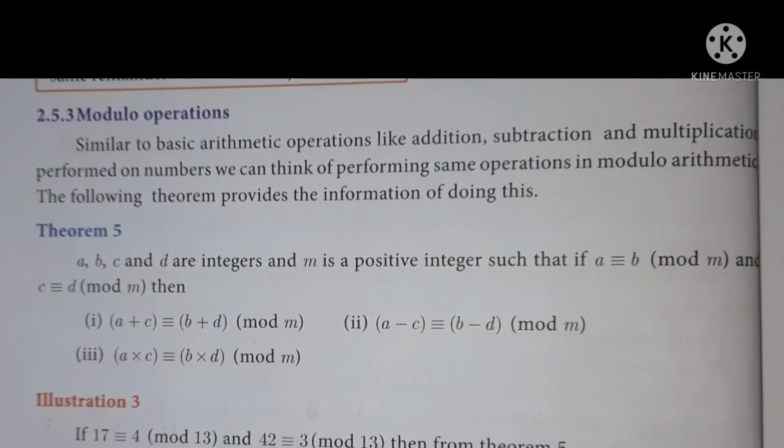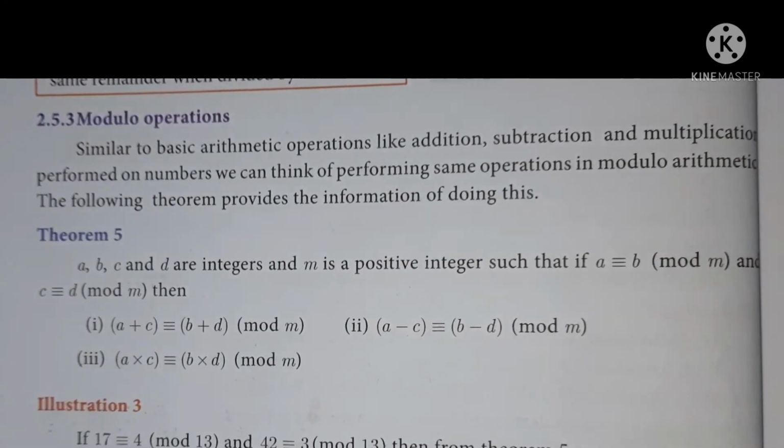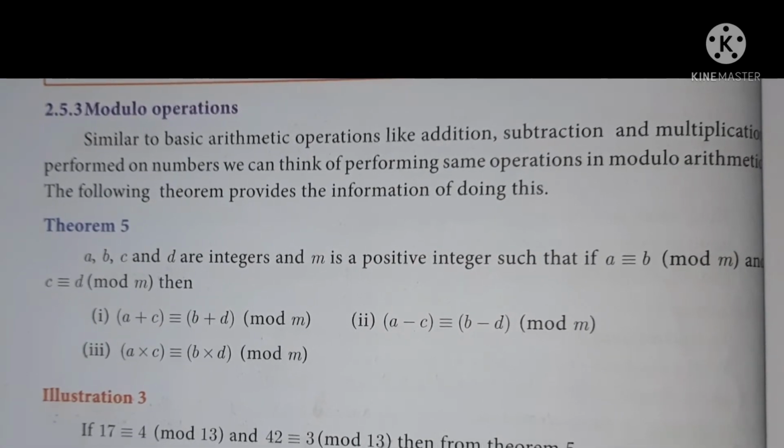Modulo operations. Similar to the basic arithmetic operations like addition, subtraction and multiplication performed on numbers, we can think of performing some operations in modular arithmetic. The following theorem provides the information for doing this. Theorem 5.